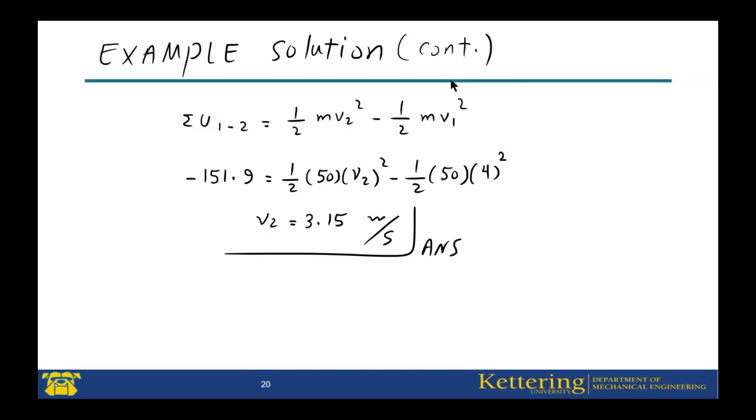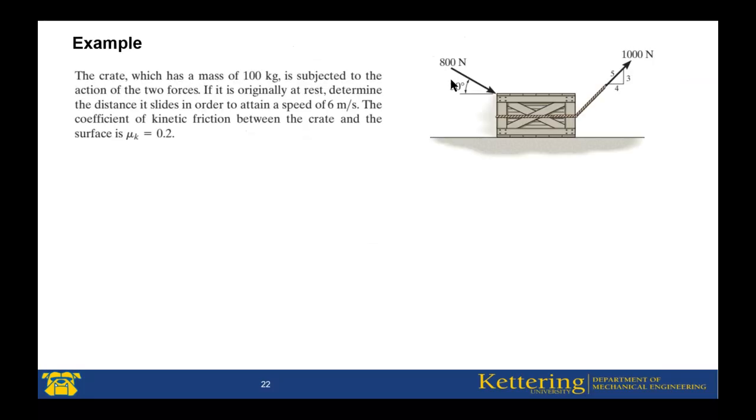Got it? Now, can I move to the next slide? Next slide. Also, there's a crate, two forces applied, 800 Newton and 1000 Newton. Similar to this one, I will give you this for homework.